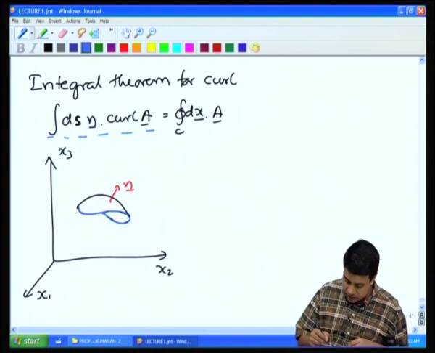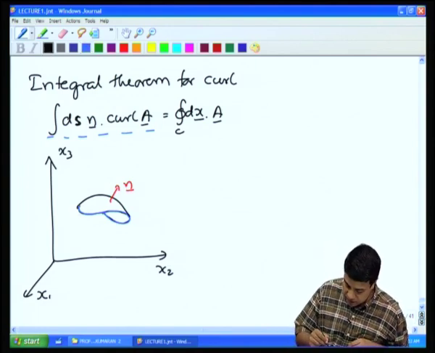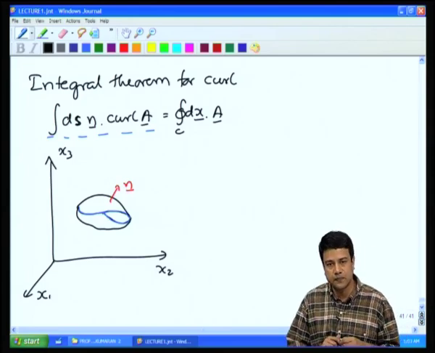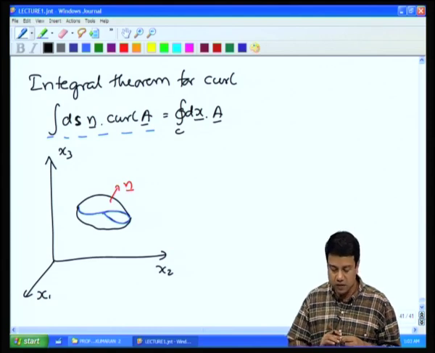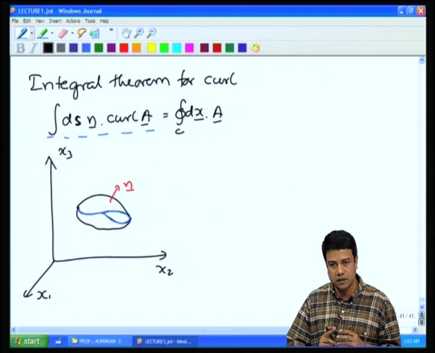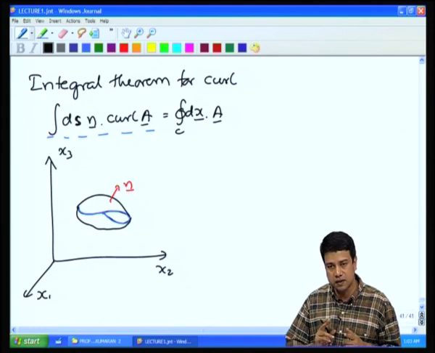One could be this surface, I could have some other surface, which is not the same as this one, which has exactly the same perimeter. And the implication of this integral theorem is that n dot curl A over all of these surfaces has to be exactly the same. So, for an open surface with a perimeter, any surface which has the same perimeter has to have exactly the same value of n dot curl A, provided n is the outward unit normal and the curl is taken with the right hand rule.